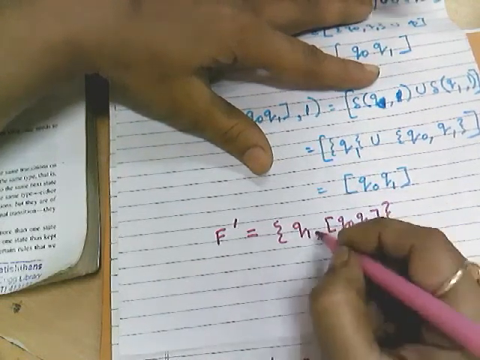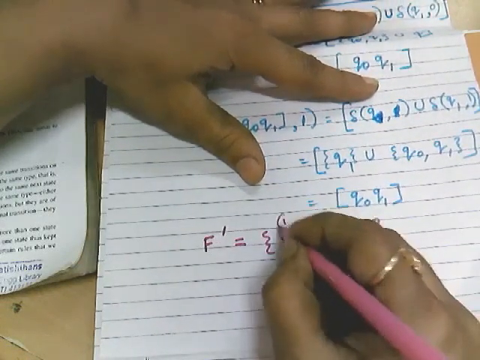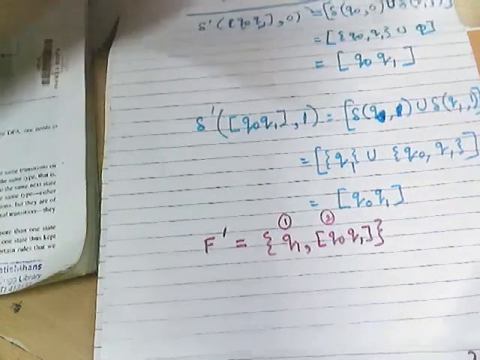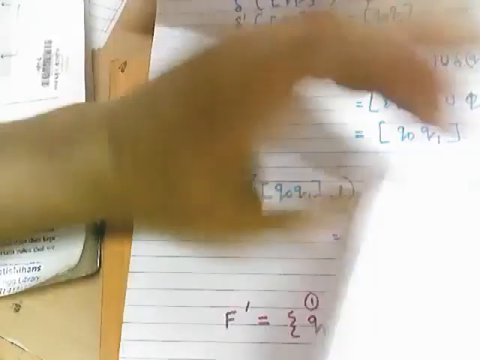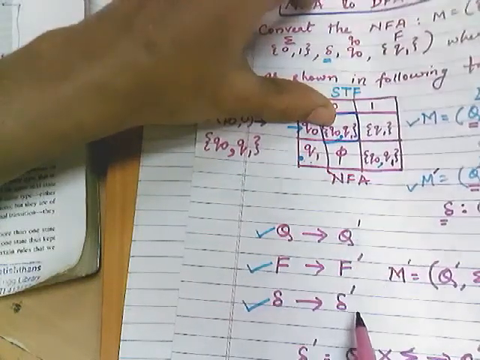Okay, so how many final states are there in the converted DFA? There are 2 final states. Okay, so now have we done identifying the Q dash, F dash and delta dash?